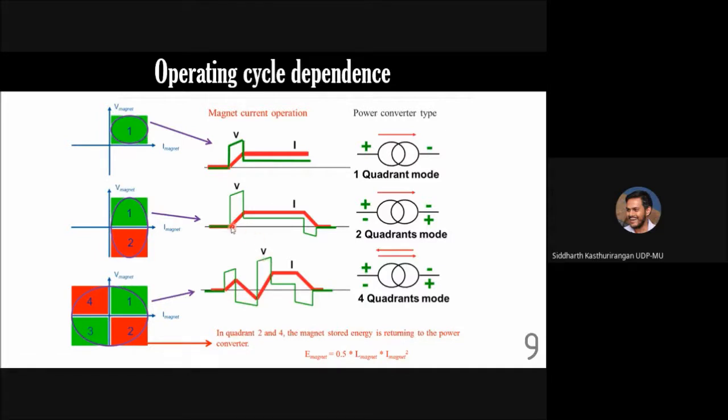So if you need the current to be only positive, but you need to both increase and decrease the current, then you need a power supply which is bipolar in the voltage regime. That is, it can provide positive voltage as well as negative voltage. If you cannot provide negative voltage, then you cannot ramp down this fast. You have to ramp down much more slowly. But that may not suit the requirements of your accelerator.